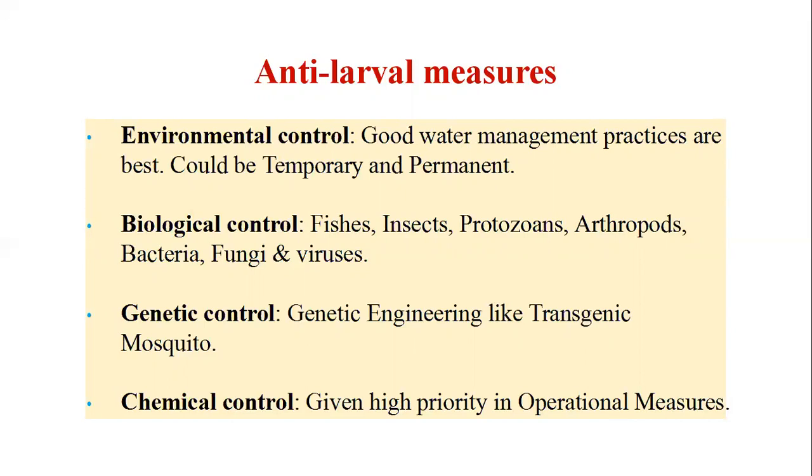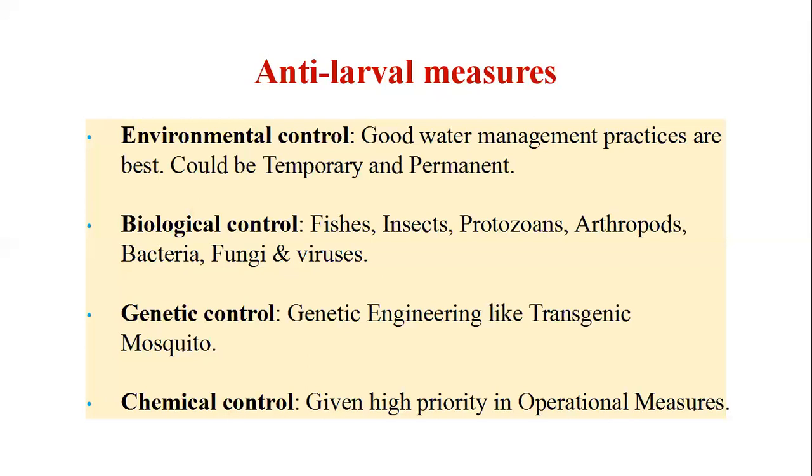Genetic engineering can also be a tool, like using transgenic mosquitoes: infertile male mosquitoes mated with the female mosquito partner. So by genetic control, you can also control the spread of this disease.